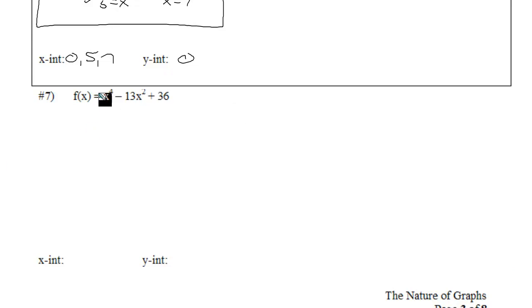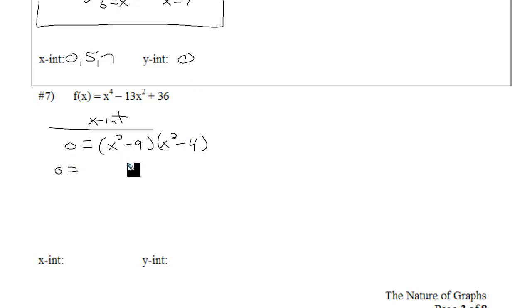You do not have to split the middle term because the lead coefficient is 1. So we just find two numbers that multiply to get 36 and add to get negative 13. Such as negative 9 and negative 4.